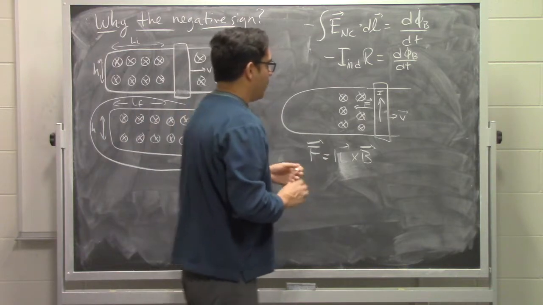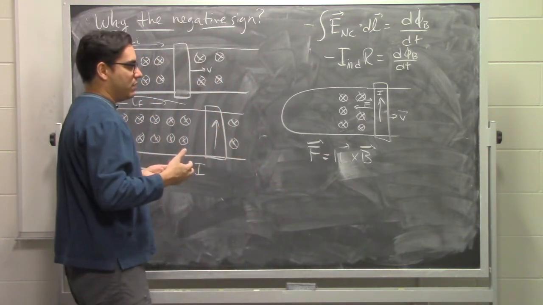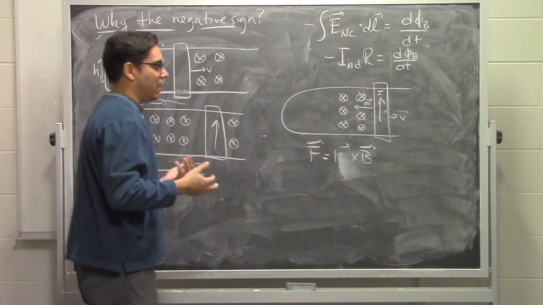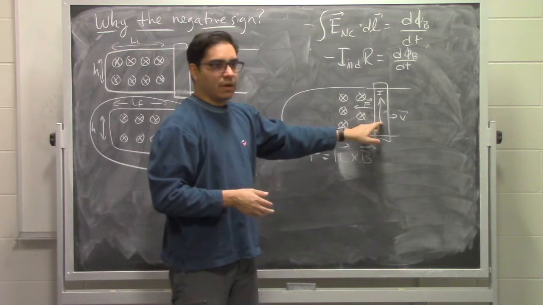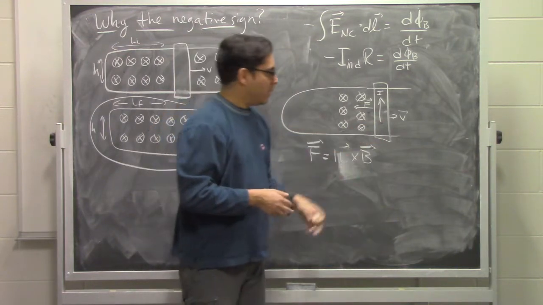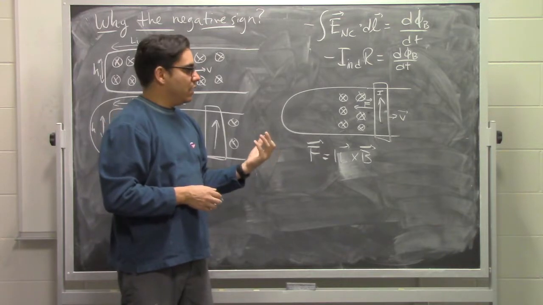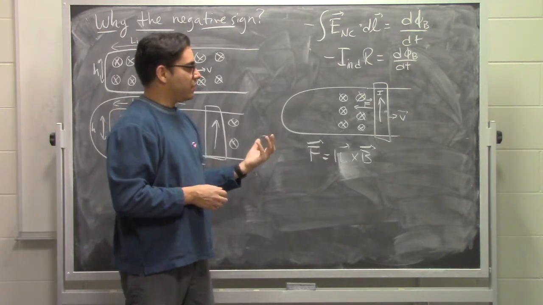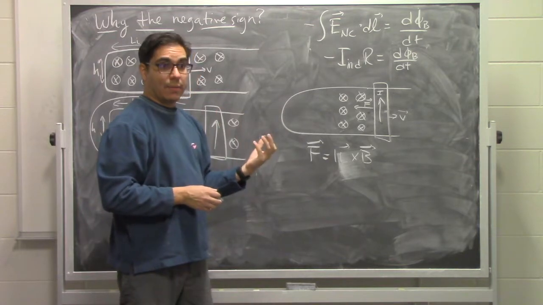Okay? Now, what I was worried about is that it looks to me like we just said that there's a magnetic force that pushes on a bar and slows it down, right? So what we're saying by stating that is that the magnetic force is doing work on that bar, right?